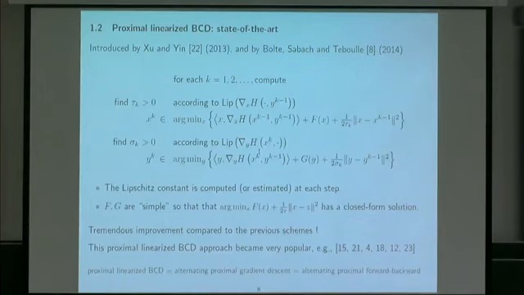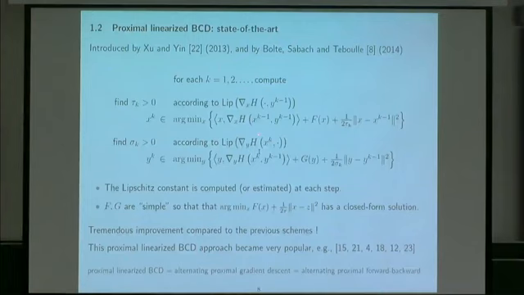For each iteration, you have to find a step size according to the Lipschitz constant of the current gradient of the coupling term, and then you have to solve this problem.